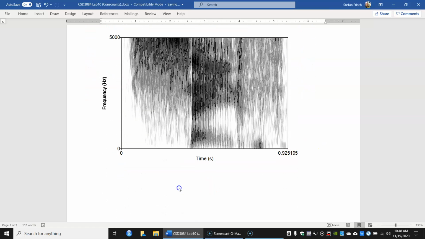Okay, so then last but not least, it looks like we have a voiceless fricative here. We have no evidence of periodicity and no voice bar. We have that noise loudest at high frequency. So high frequency noise.